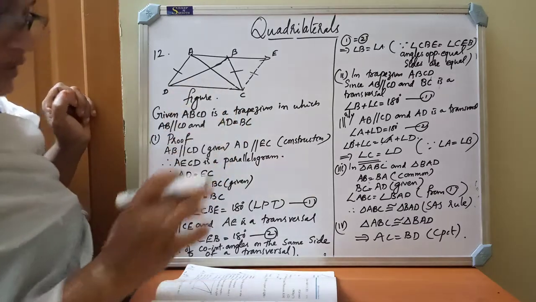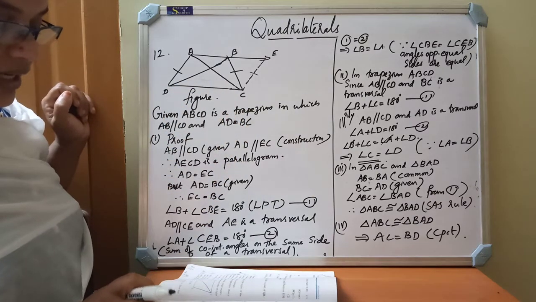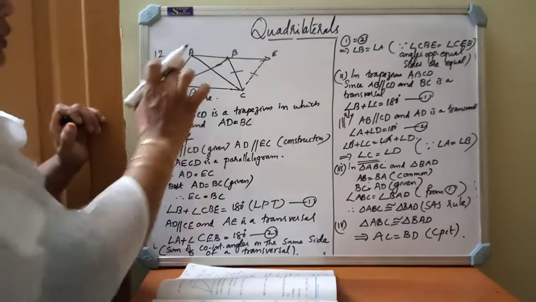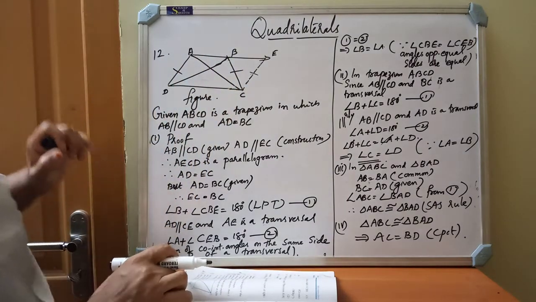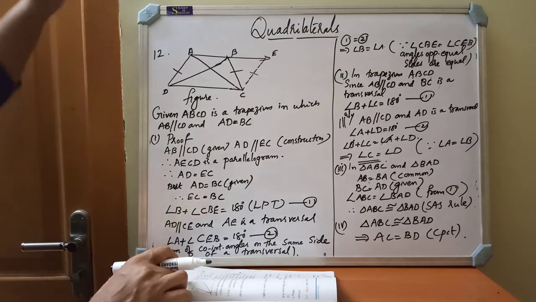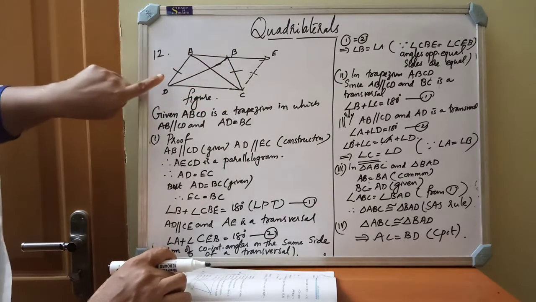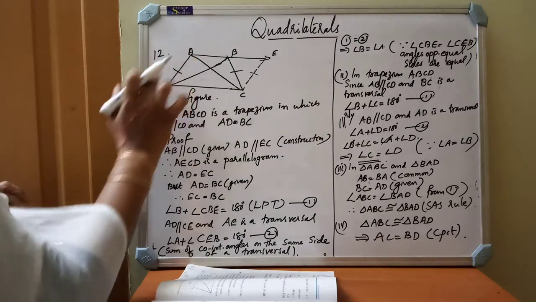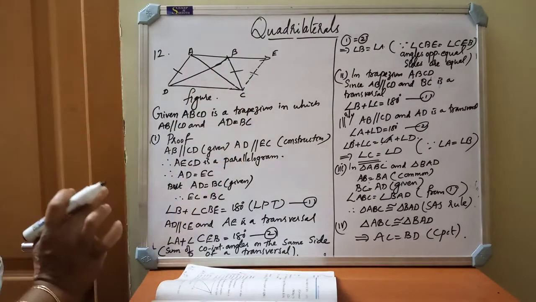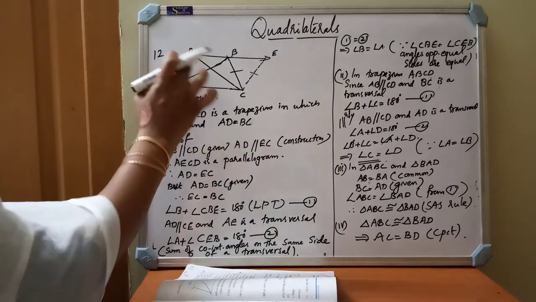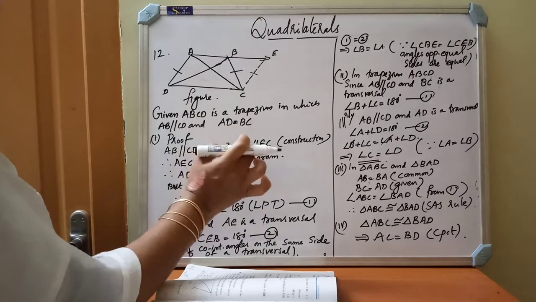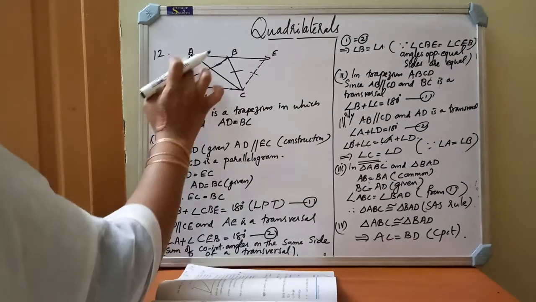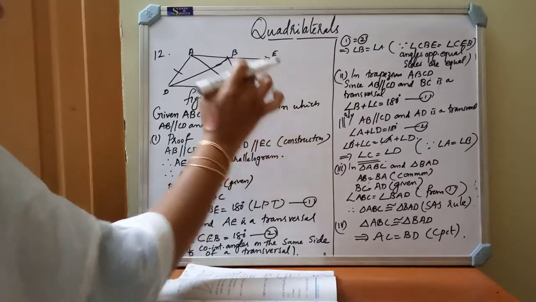So see, the first one is angle A equal to angle B. We have to prove that these two angles are equal. For that, ABCD is a trapezium and AD side and BC side are equal, they are given. So AB parallel to DC, and AD parallel to EC.